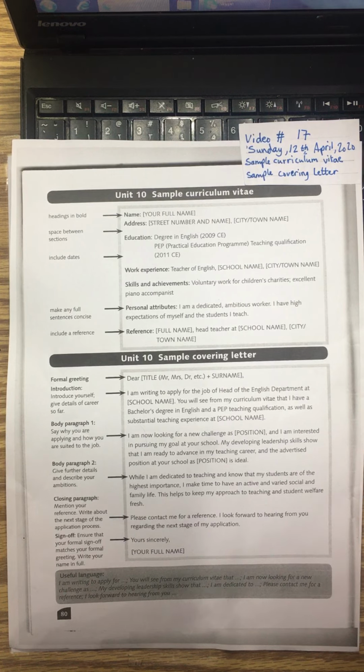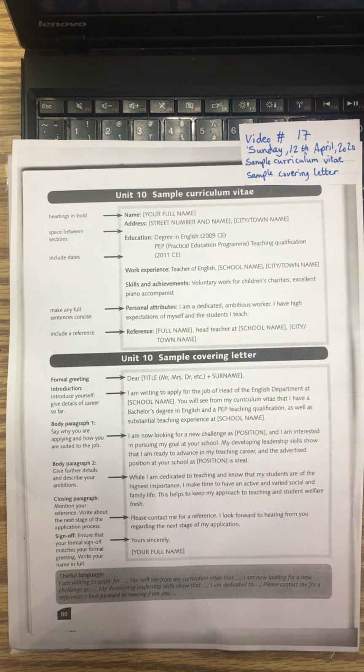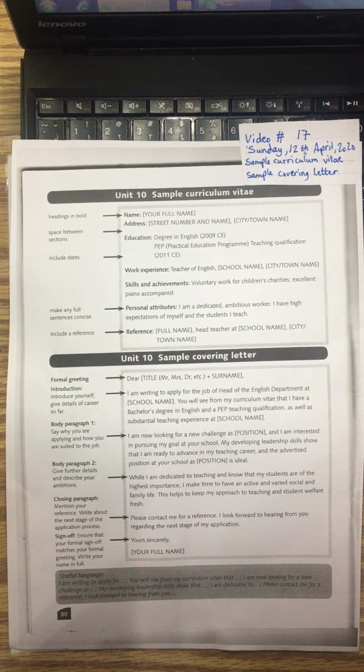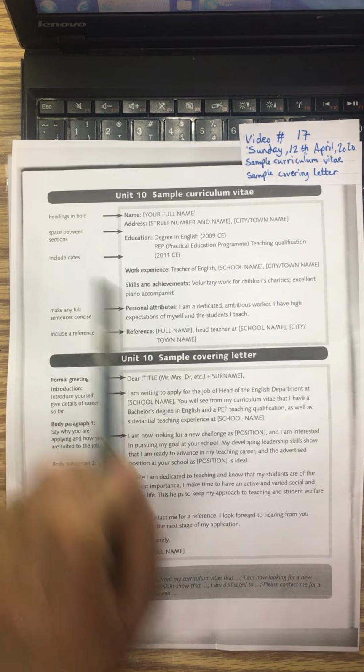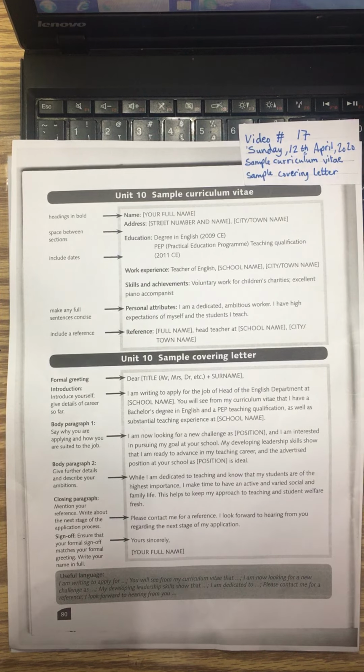And also PEP, which means practical education program. This is a kind of course, I think. Teaching qualification in 2011. So please include dates. You have to write the year of this degree or that course.